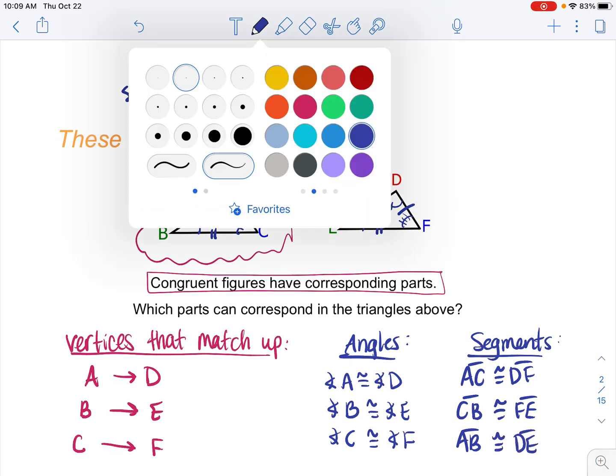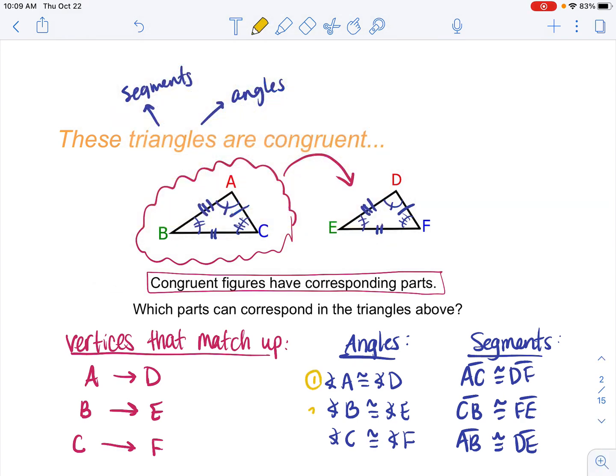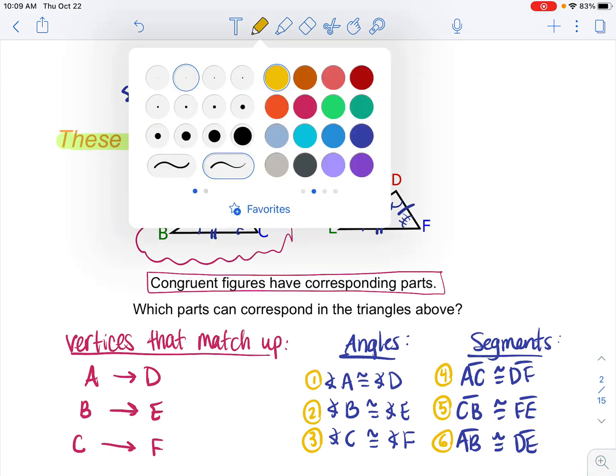So notice here that we have 1, 2, 3, 4, 5, 6 pieces of information that we can take away from this problem by just knowing that these triangles are congruent. These are called the corresponding parts of these two congruent triangles.